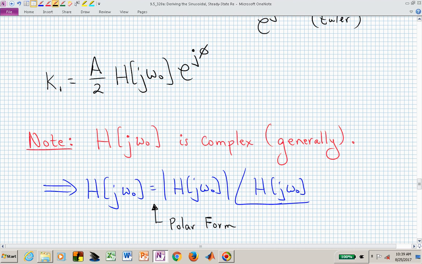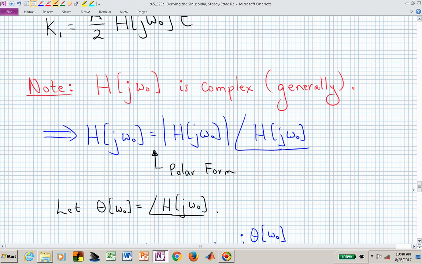So that now when I see H of j omega naught, I'm going to rewrite that as magnitude of H at j omega naught, angle of H of j omega naught. That's the polar form. Just look at a hypotenuse at a given angle. That's a complex number that is associated with our transfer function when we evaluate that transfer function at a particular point on the imaginary axis, and that point is j omega naught.